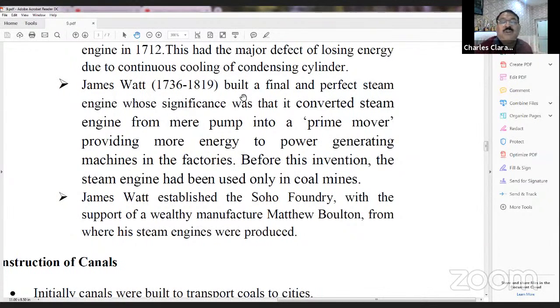He built a final and perfect steam engine, which was significant in converting steam from mere pumping and providing energy, to also generating power for machines in the factories. That means the factories could actually work on steam. Instead of using human labor, you can use steam labor to do the work.